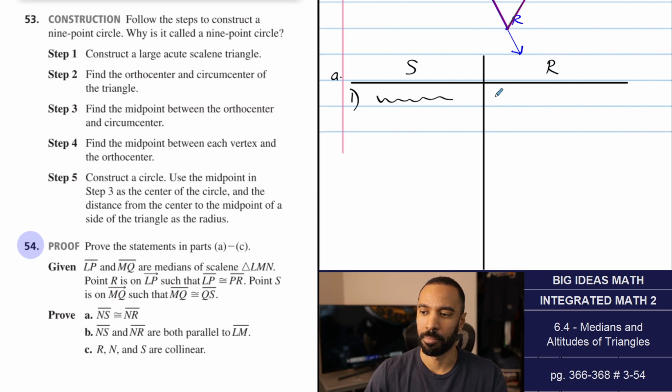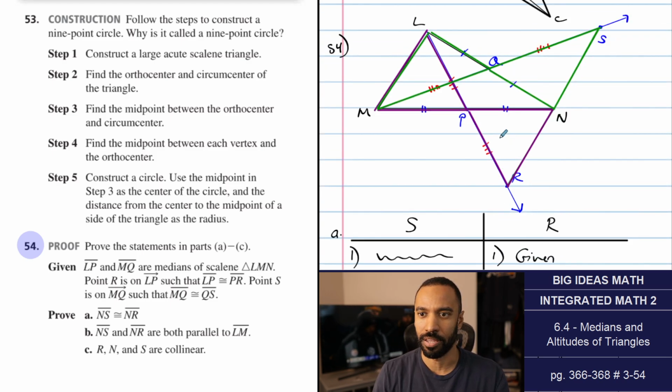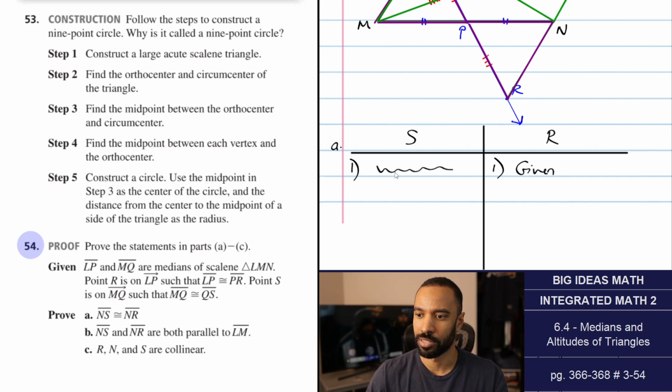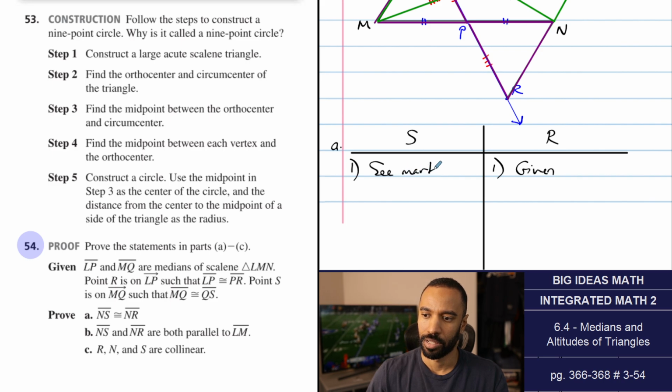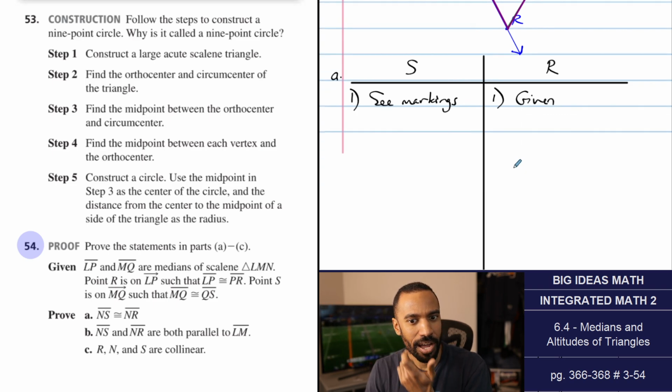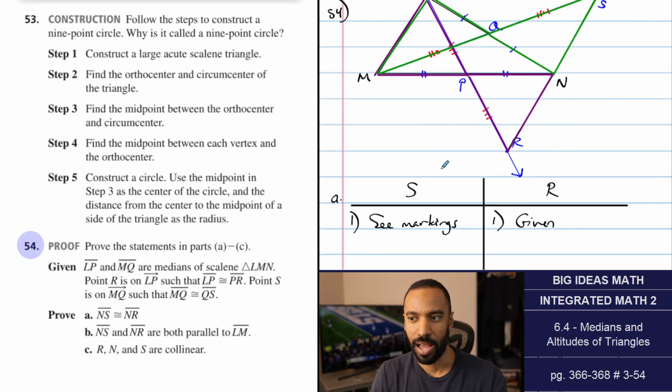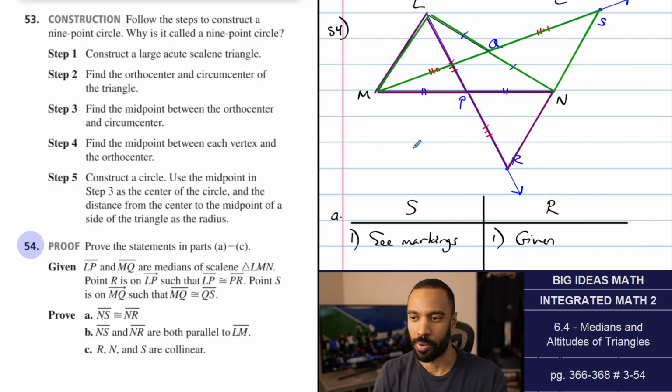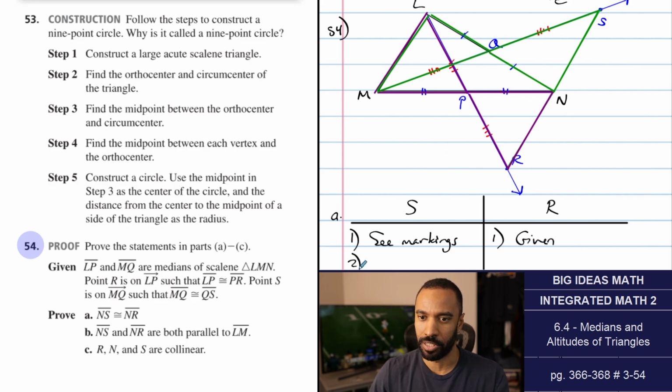I think I want to get less into the nitty gritty of this. See markings. Okay, with the median talk, I have the markings. I hope that's all right. I don't have much more I can really do here.